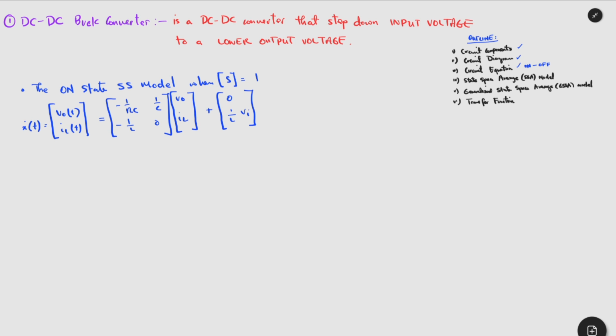So this is during the on state, where S is equal to 1, and this is our A and this is our B.